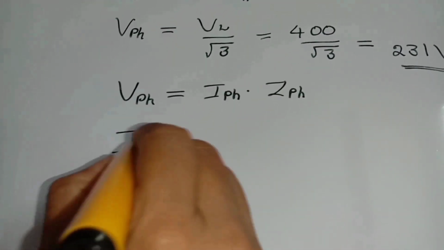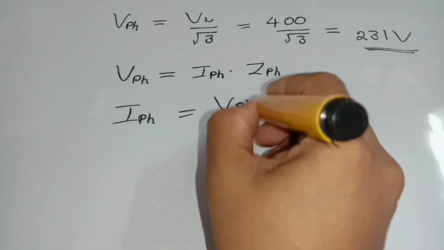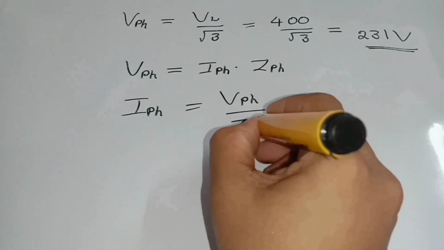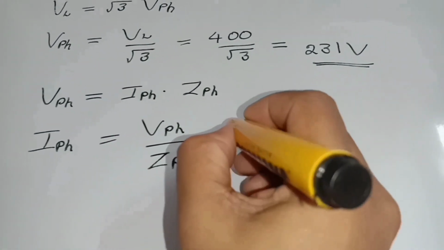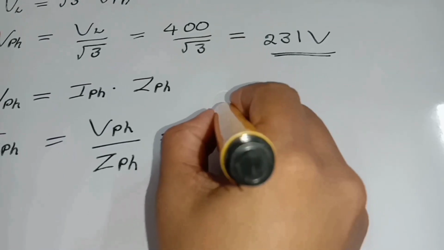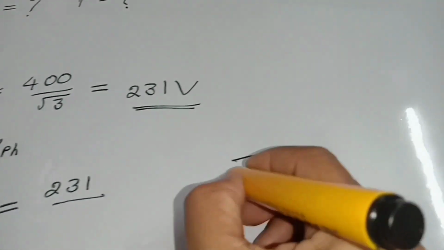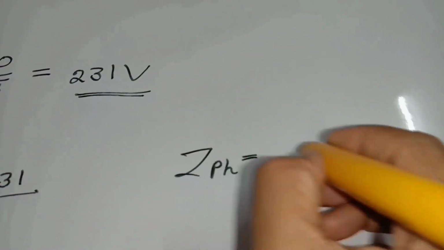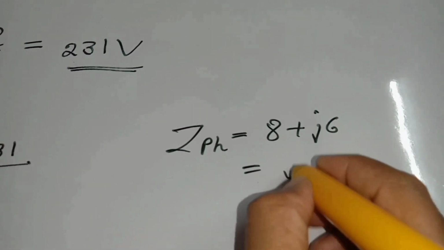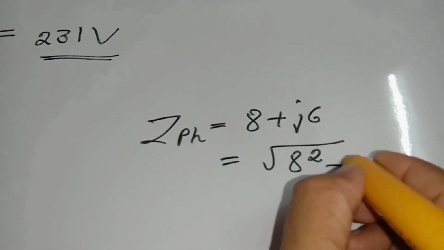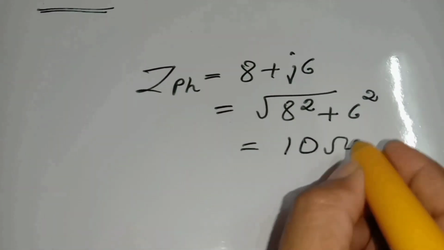We can calculate the current using this relationship, where VPH and ZPH are known. We will substitute VPH as 231, and ZPH we will calculate. ZPH is given as 8 plus j6, so its magnitude is the square root of 8 square plus 6 square, which is equal to 10 ohm.